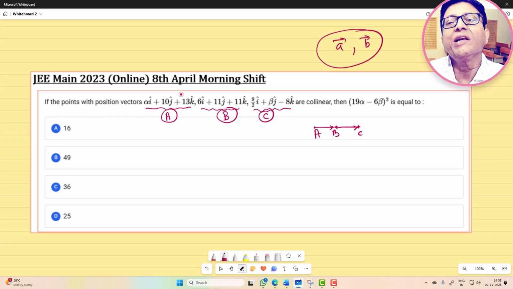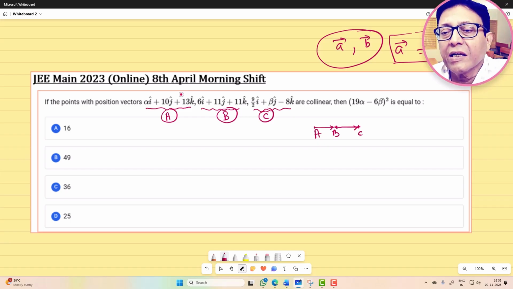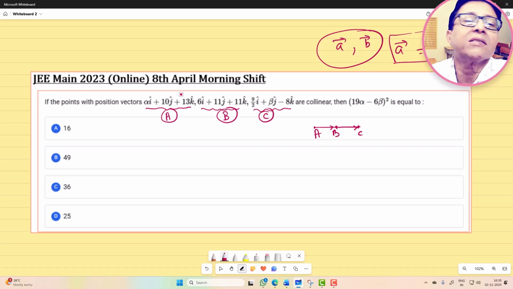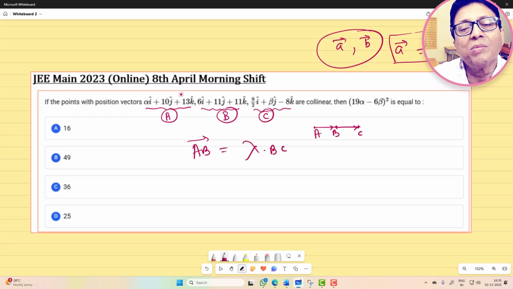If they are collinear or parallel, we have a relation like this: A equal to mu into B, where mu is a scalar. So in our sum, we can write that AB vector is some scalar into BC vector.